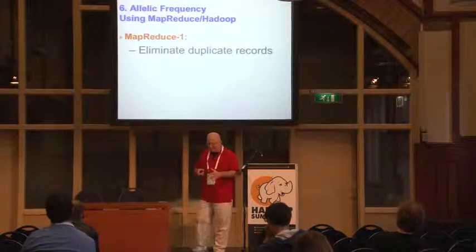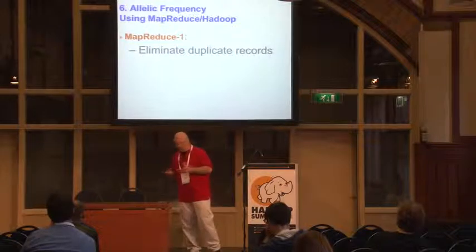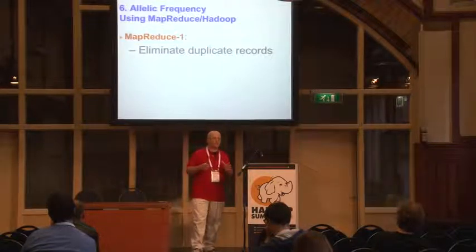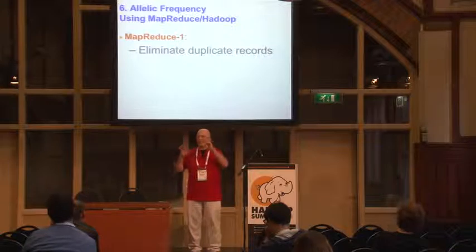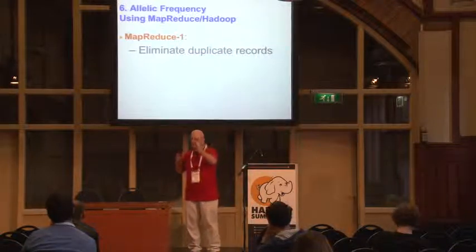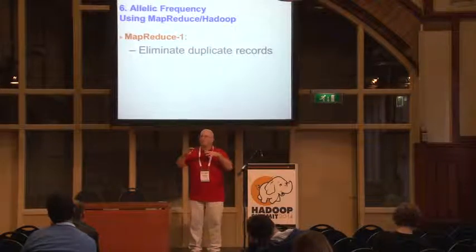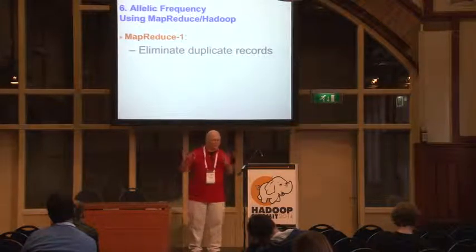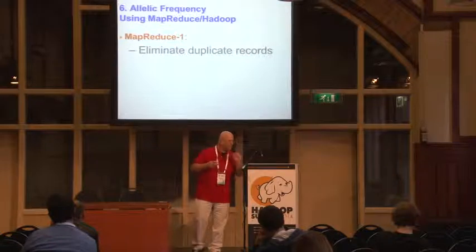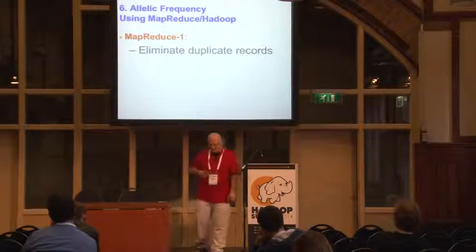The first thing we need to do is eliminate the duplicate records, because in the allelic frequency algorithm, if you have duplicate values, your calculation will not be correct. You don't want to have duplicate values. So that's the first thing.